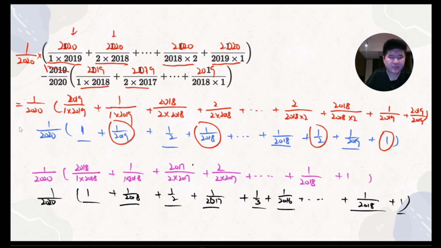For these two brackets, bracket 1 and bracket 2, each can be split into two groups, but they differ. The first bracket's groups start from 1 and end at 1 over 2019. The second bracket's groups start from 1 and end at 1 over 2018.